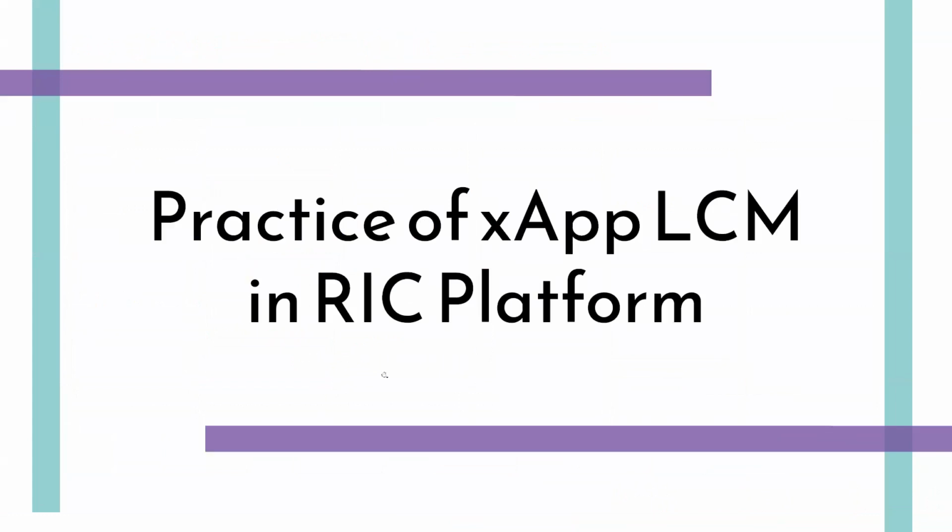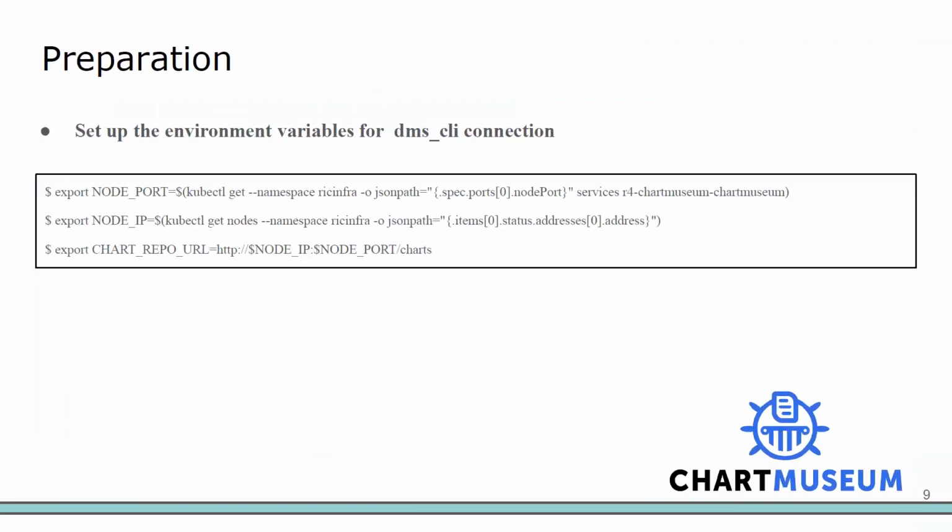For the third part, I will introduce the commands for xApp lifecycle management. First is preparation. We need to set up the environment variable for the DMS connection, because the DMS tool will send the Helm chart of the xApp to the Helm repository. ChartMuseum is the Helm chart repository of the xApp.